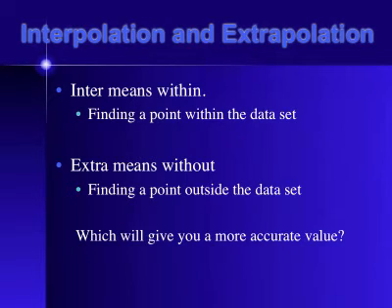Now, interpolation and extrapolation. We use graphs in order for us to predict things. Interpolation means finding a data point within the data set. Extrapolation means finding a data point outside the data set.